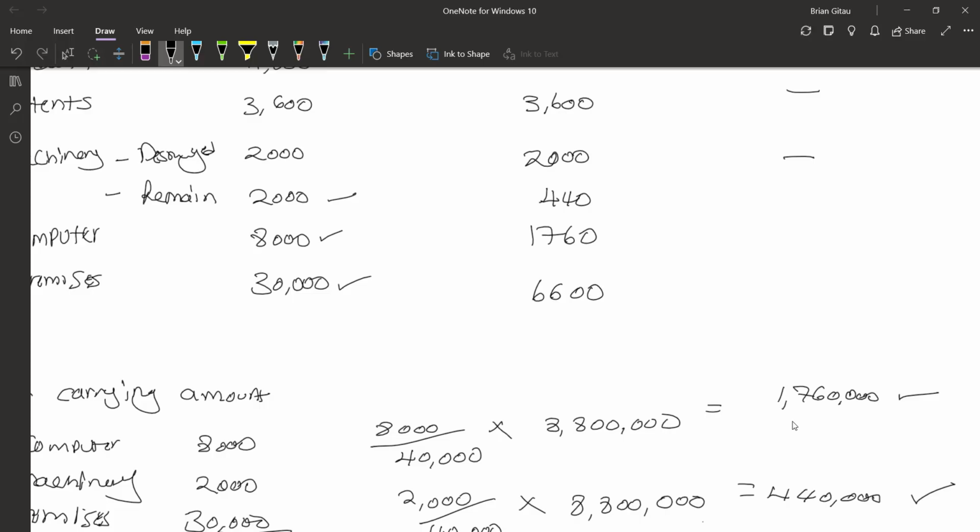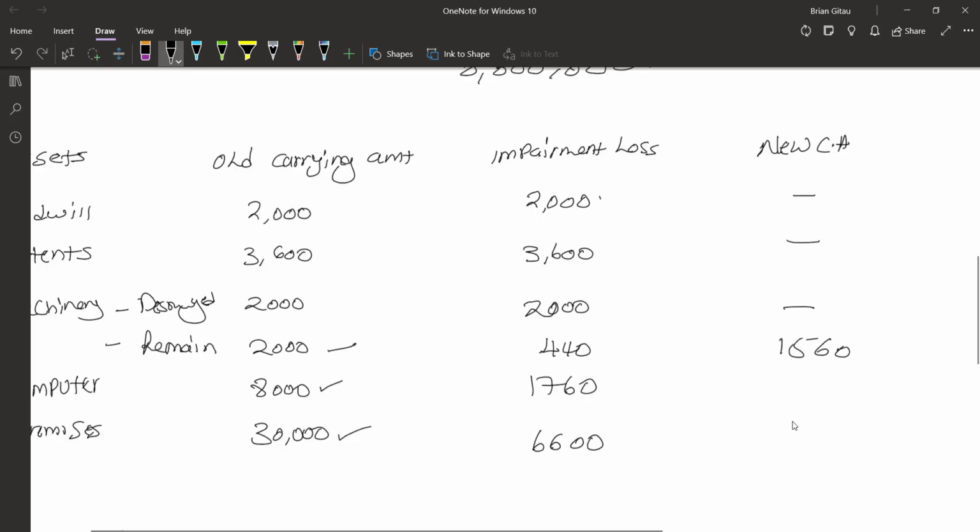Now if I take 2,000 minus 440, that will give me 1560. If I take the new carrying amount now, 8 million minus 1760, that will give me 6240.